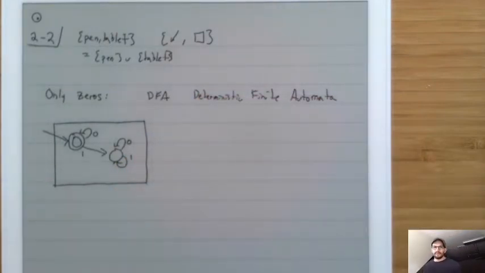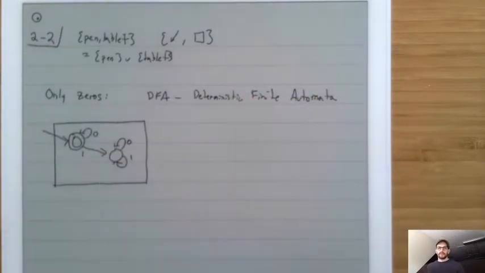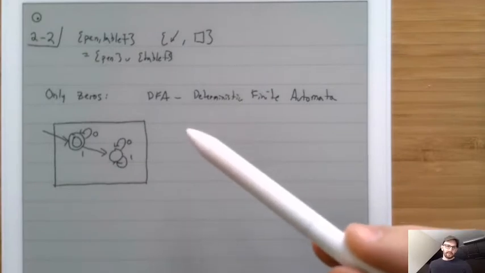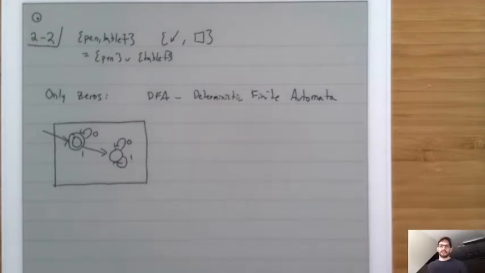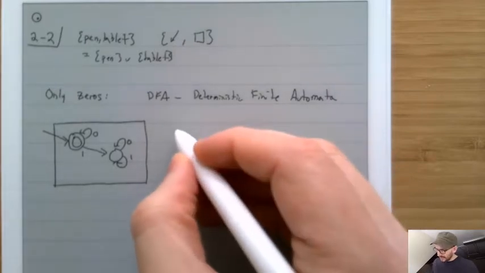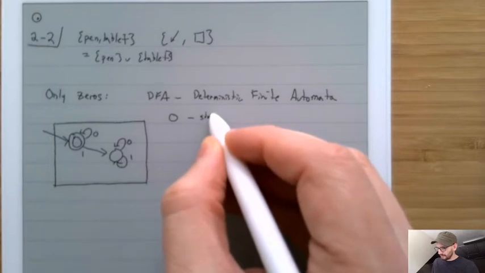Now, let me explain how to read this picture. So, I'm sort of overloading you a little bit, right? What do these words mean? What does this picture mean? We'll break them down, okay? So in this picture, there are two kinds of things. The first kind of thing are the circles. Those are called states.